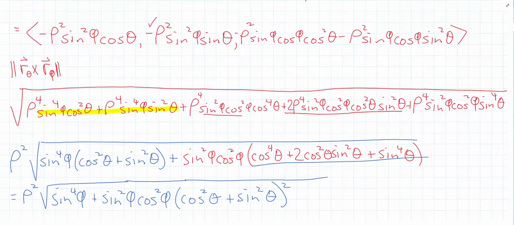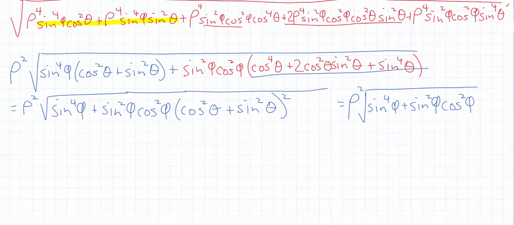That looks like what that is, so that's just 1. So now we've got rho squared, and now I've got sine to the fourth phi plus sine squared phi, cosine squared phi. Okay, so there's what we have so far. And then, of course, 1 squared, it's just gone.